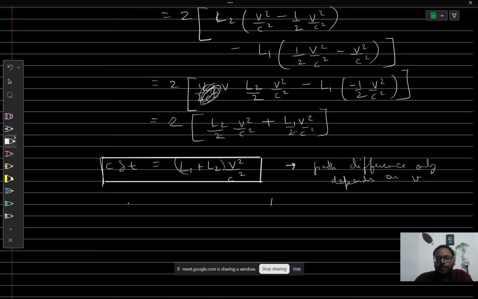Because L1 and L2, the total length of both arms, is constant, and c is again constant, and v is the velocity of earth with respect to ether.